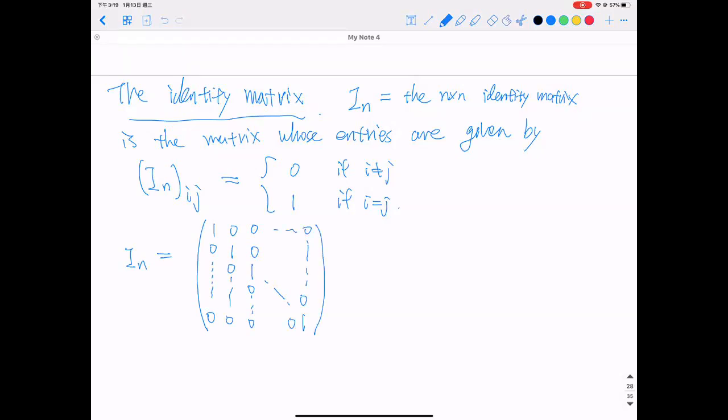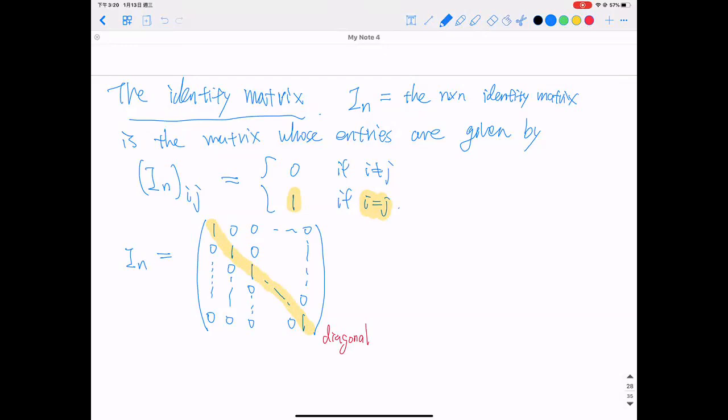If you look at it closely, the condition is that the ij entry is 1 if i is equal to j, and 0 otherwise. Having i equal to j means that the entry you're looking at is on this diagonal. So, in other words, the identity matrix is the matrix whose entries on the diagonal are 1, and all other entries are 0.